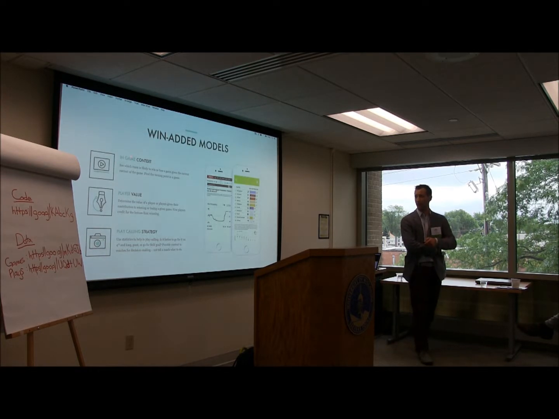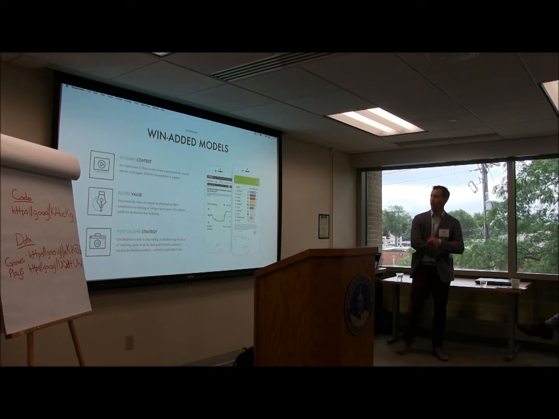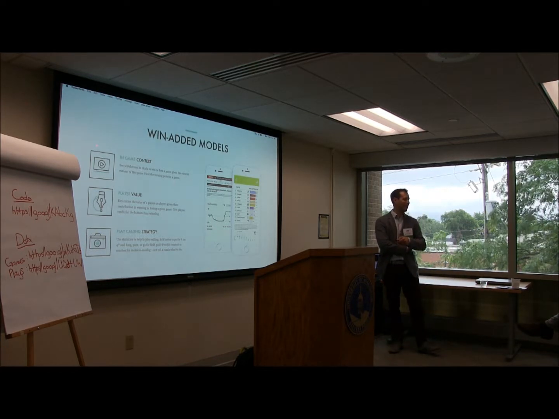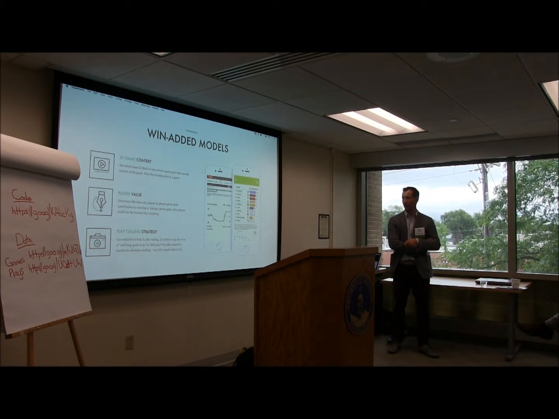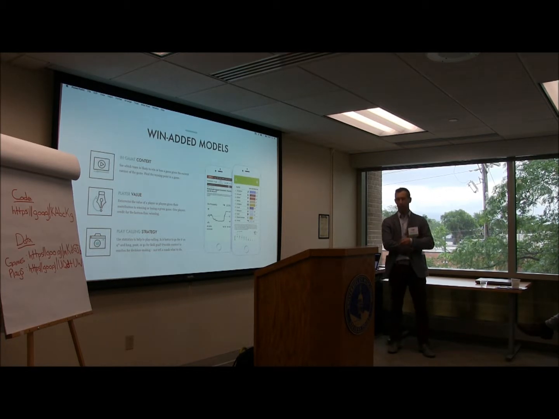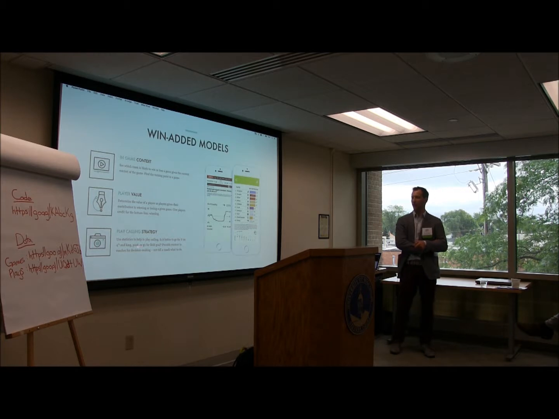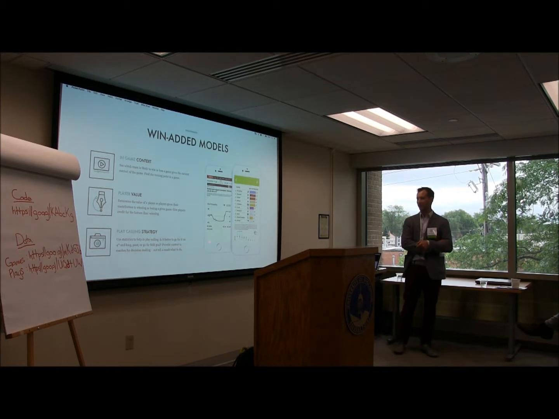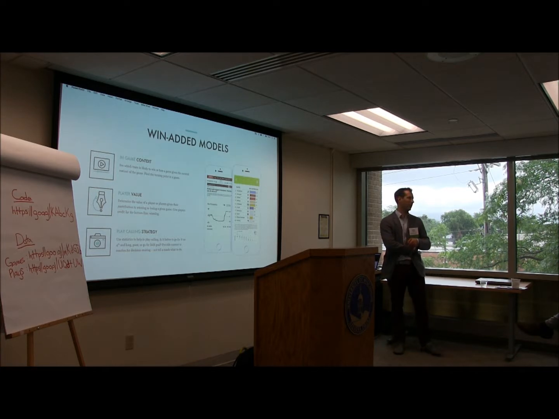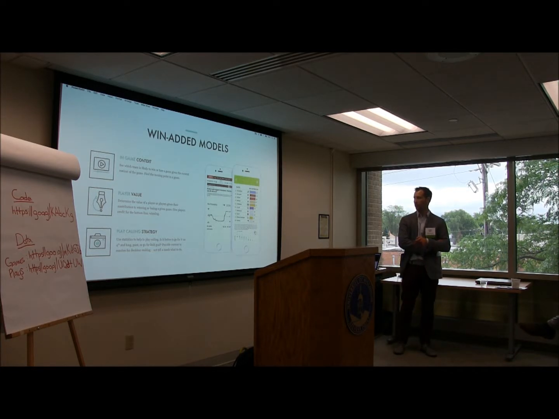Just wanted to point out again that what these win-added models can do is provide in-game context. They can provide player value and help with in-game play calling strategy. And I would keep saying particularly late in the fourth quarter, because that's when it's most decisive and you can start to see major differences in win probability.